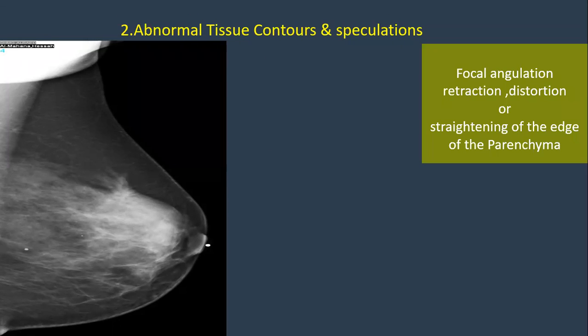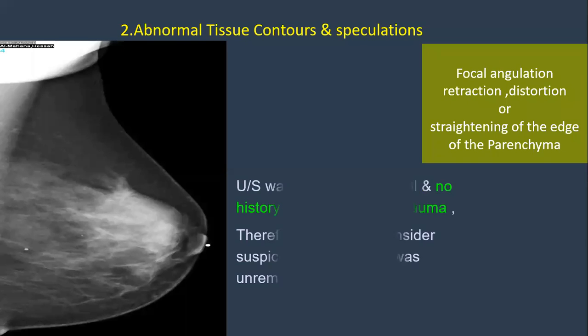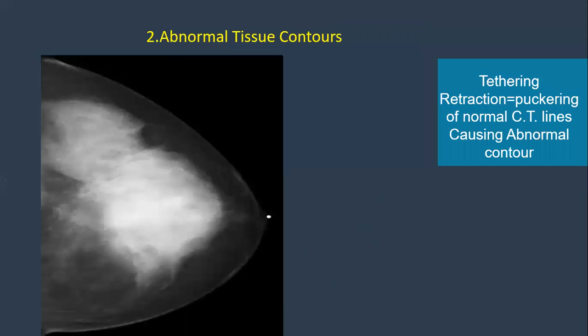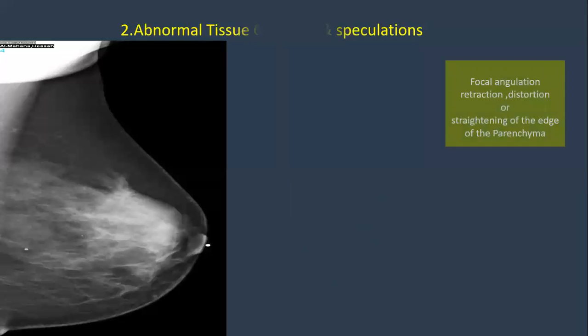Distorted and angulated. There is some angulation and some retraction here. Retraction at one point and angulation at another point. Okay? And some straightening of the edge, as if there is something rigid in this area. The previous one, this one, and this one are all my cases.